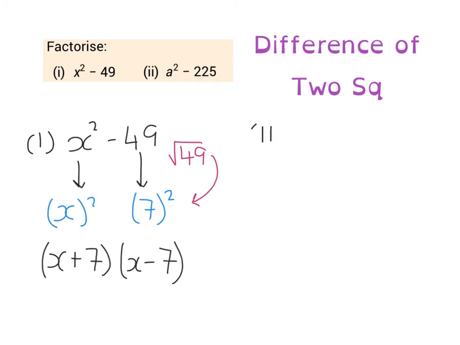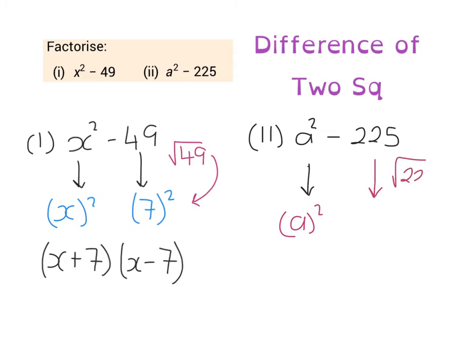Now to solve part 2, we have a squared minus 225. And again, I put each term as a square. So I have a, 2b squared, and the square root of 225.